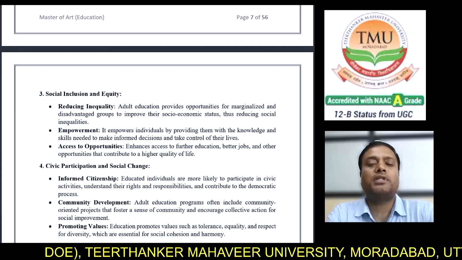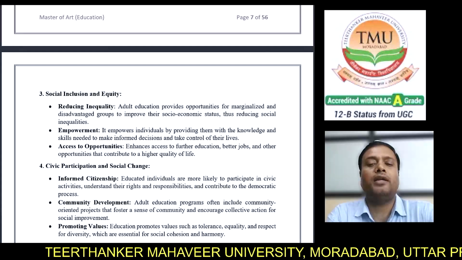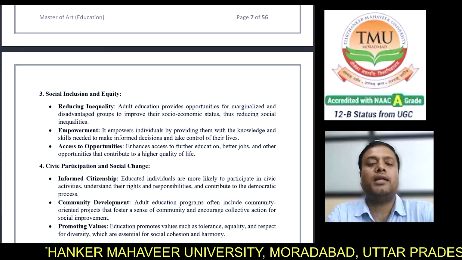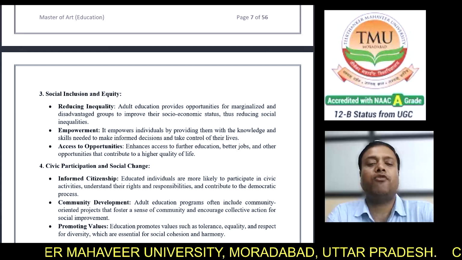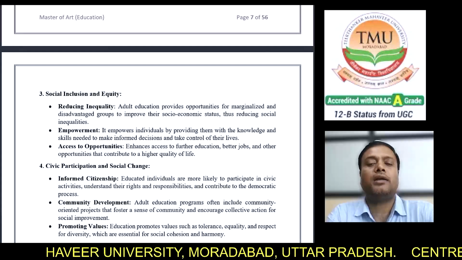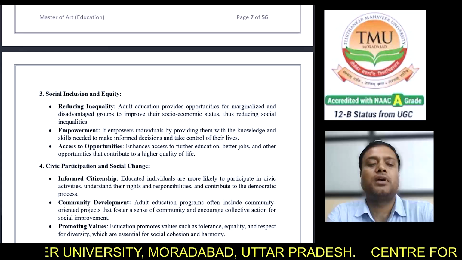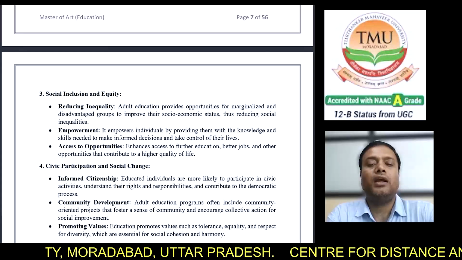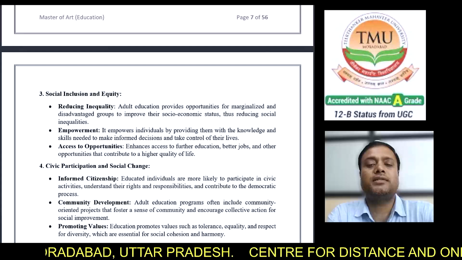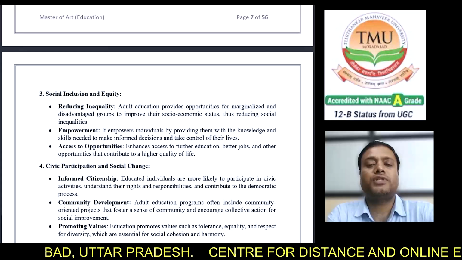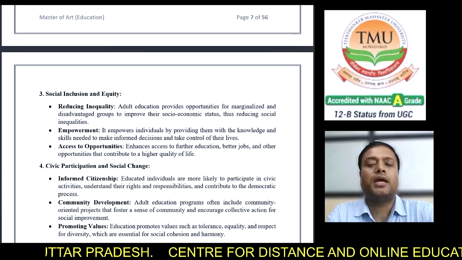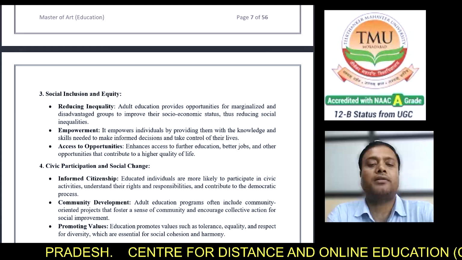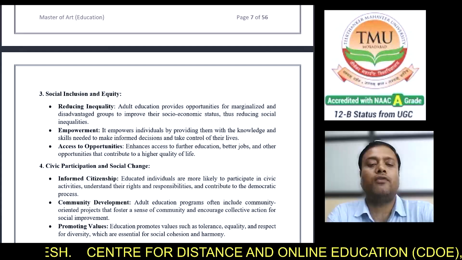It empowers individuals by providing them with the knowledge and skills needed to make informed decisions and take control of their lives. Access to opportunities. It enhances access to further education, better jobs, and other opportunities that contribute to a higher quality of life.